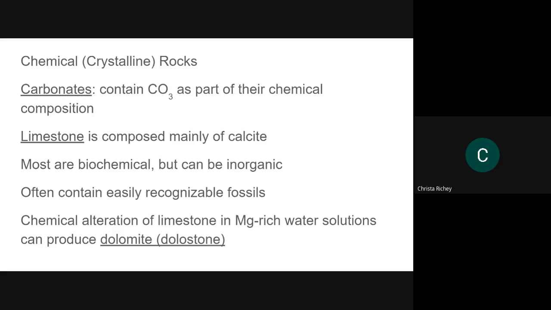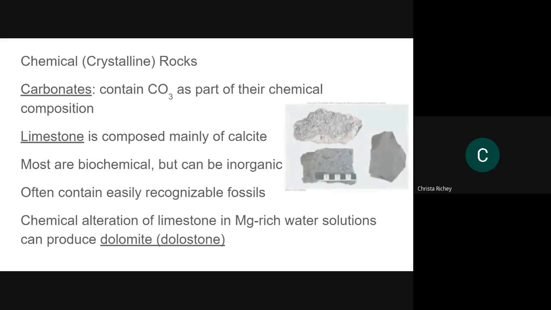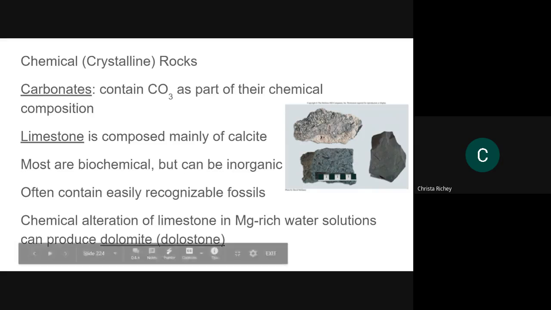Dolomite is another one. I don't have any dolomite in here. Or dolostone is another phrase for it. We've got the fossilized limestone here. I'm not sure which one is which over here because I can't see crystals in the picture.